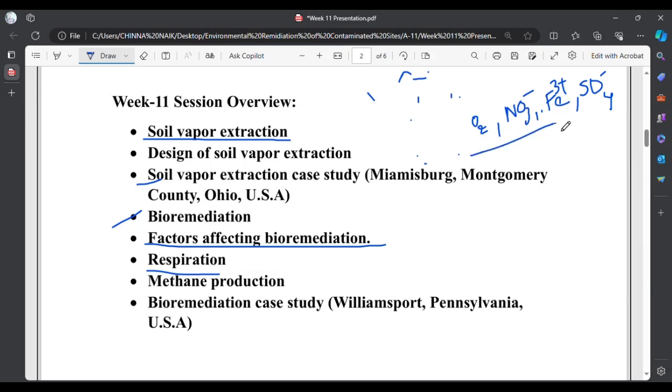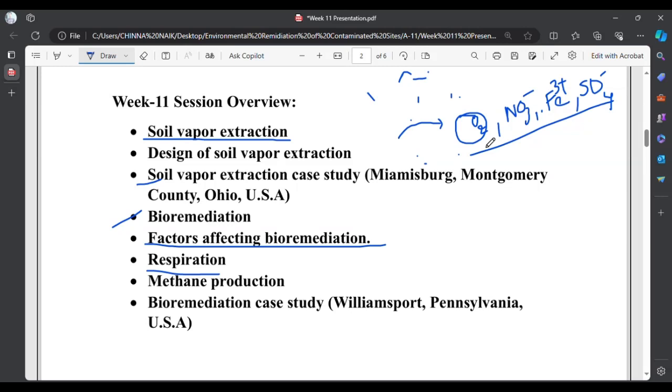If all these compounds are present in a contaminated site and you introduce the microbes, which compound will they consider? These microorganisms consider oxygen as the major electron acceptor, because it is more oxidizing.